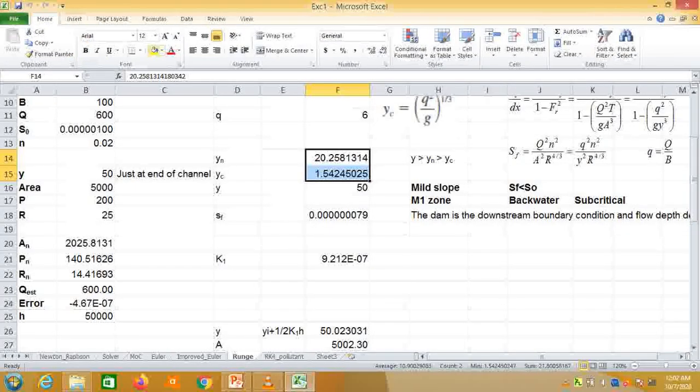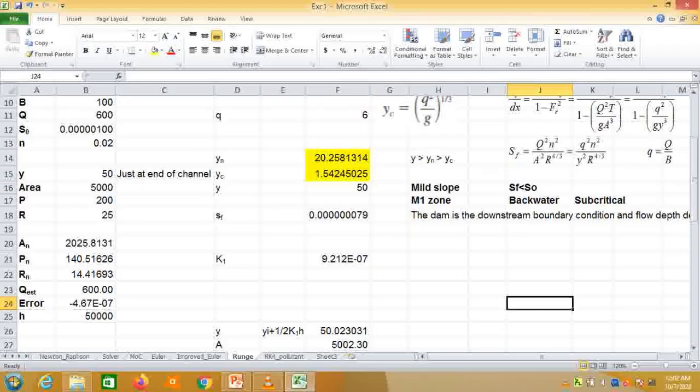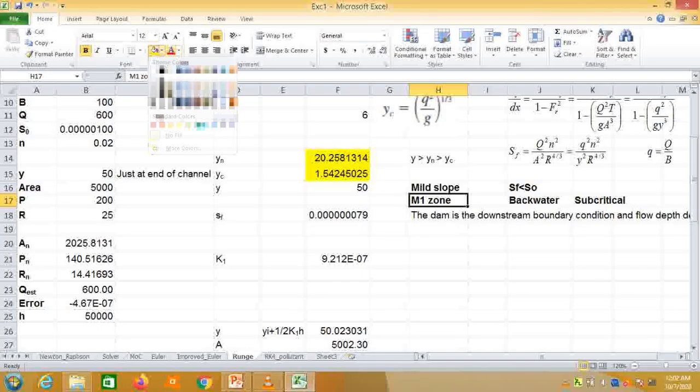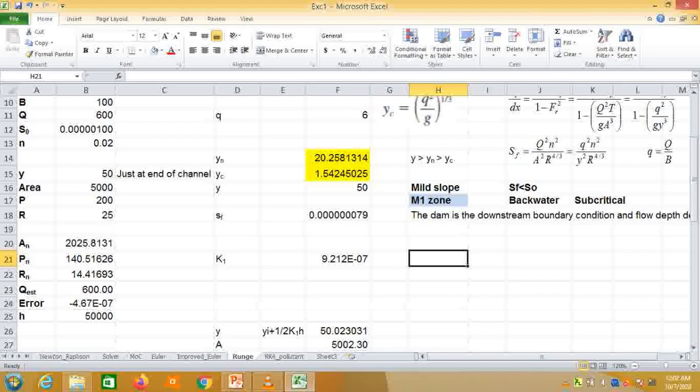Obviously, Yn exceeds Yc, so it's a mild slope. And Y exceeds both Yn and Yc, so it is the M1 zone in that case. So we can easily identify the channel slope and the zone. With the M1 zone, we expect backwater effect and subcritical flow.